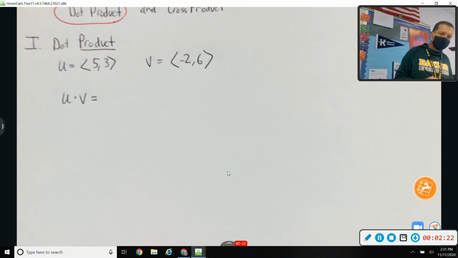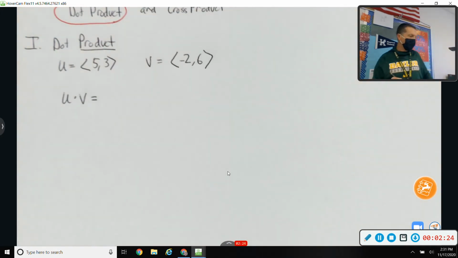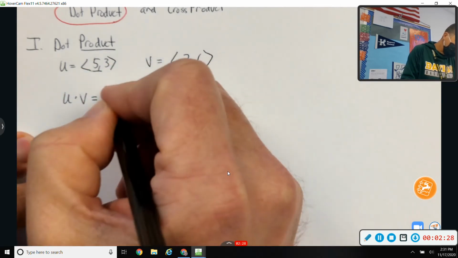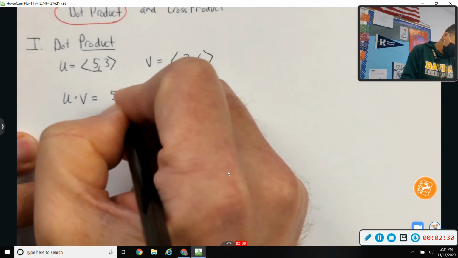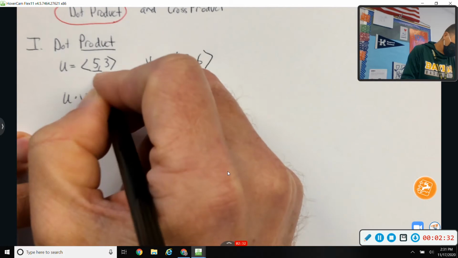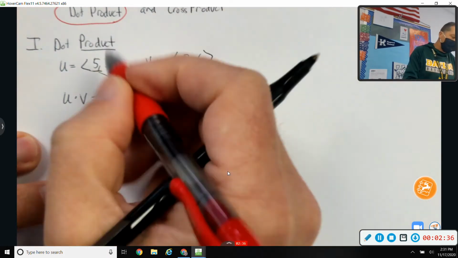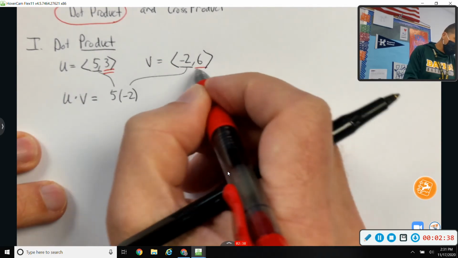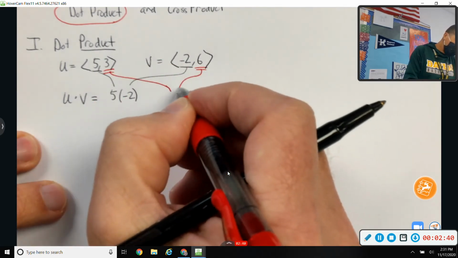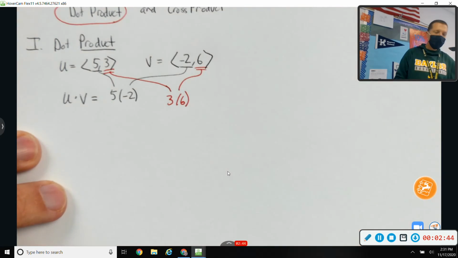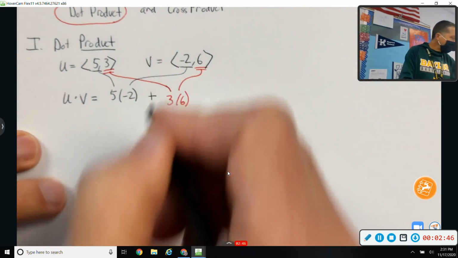It's a product, so you should know that multiplication is involved. We're going to multiply the x's. So 5 times negative 2. And then we're going to multiply the y's. So 3 times 6. And we're going to add the results together.